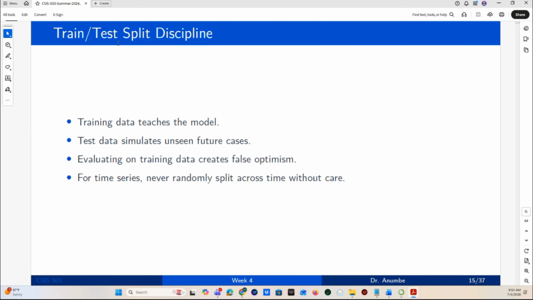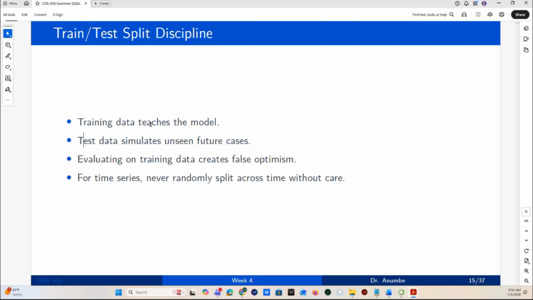So, train and test split discipline. Training data teaches the model. That's what you use to teach the model. You put it in there, you have your model, you feed your model with your training data. It will learn from that data, and then it will build out what you need. The test data is what you now use to test the outcome of that training, because the model hasn't encountered anything like that.